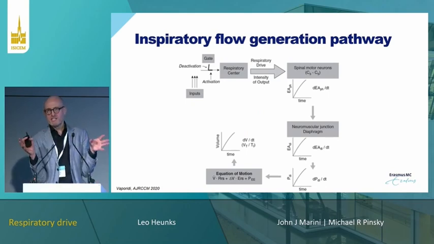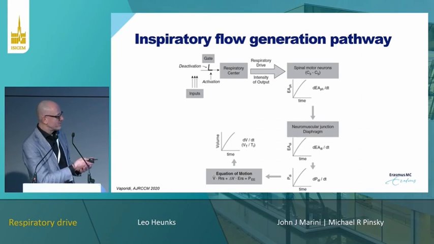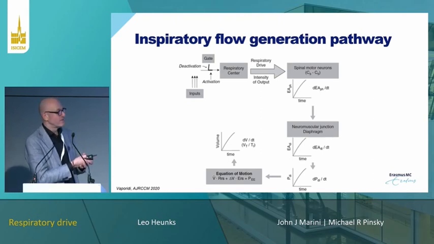One more slide on basic physiology, and then I'll get back to clinical work. So don't worry. Right here, this is the whole pathway for generating the tidal volume. The respiratory centers get input from the body, which I'll show you in the next slide. Oh, sorry, there's more physiology coming up.